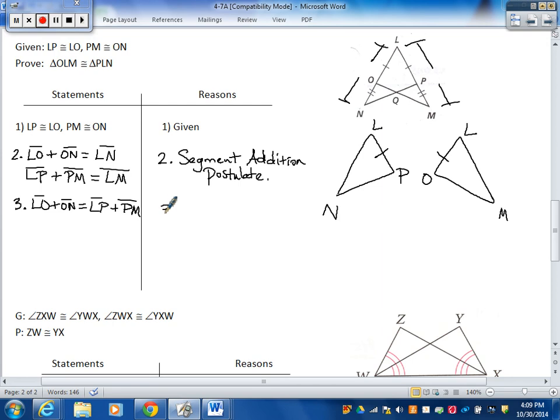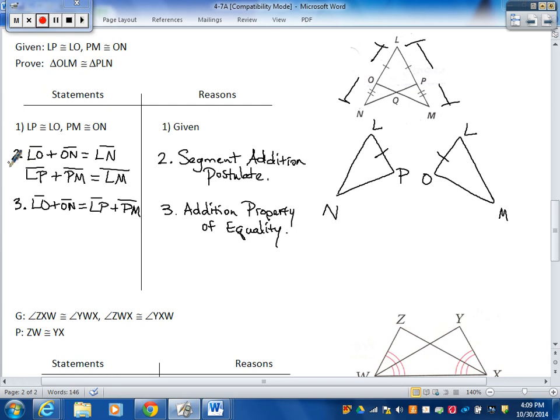Now, what's that called? Well, that's just simply the addition property of equality. Okay? You're adding the same thing to both sides of the equal sign.